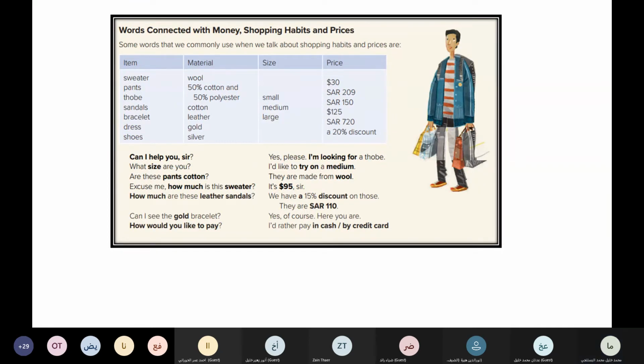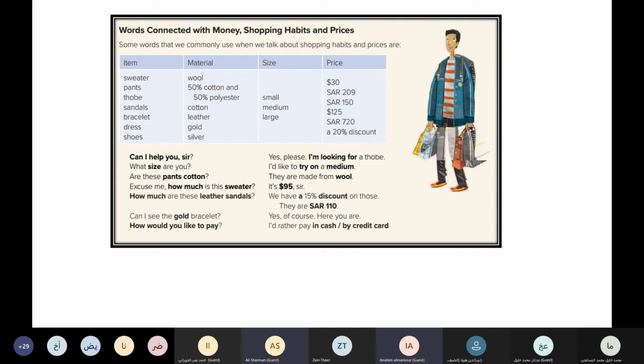Yes, mister. Should I start first? Yeah. Can I help you, sir? Yes, please. I'm looking for a thobe. What size are you? I'd like to try on a medium. Are these pants cotton?